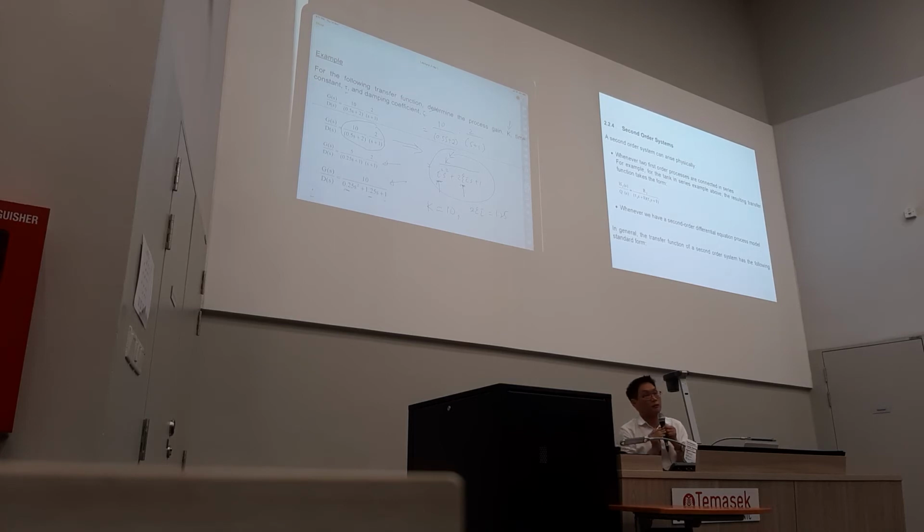Where can I get the tau from? Tau square, the 0.25 and the tau square. So tau square equals 0.25, so tau equals 0.5. Okay.